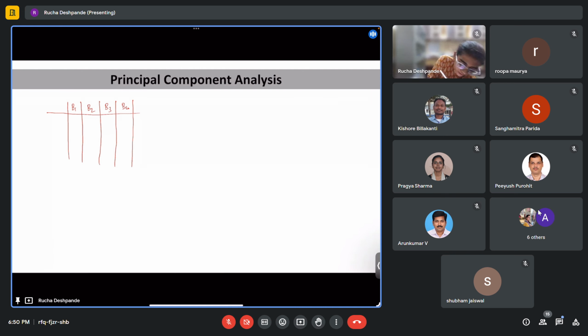And here are my individual pixels. For each image, I'll have a set of pixels. So here I would represent each pixel as P3, P4, P5, and so on.